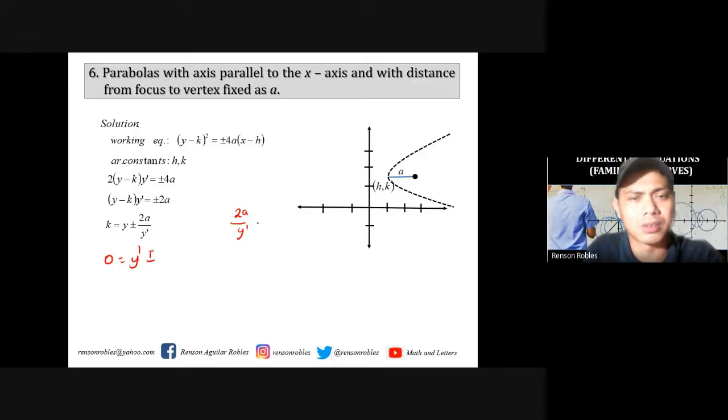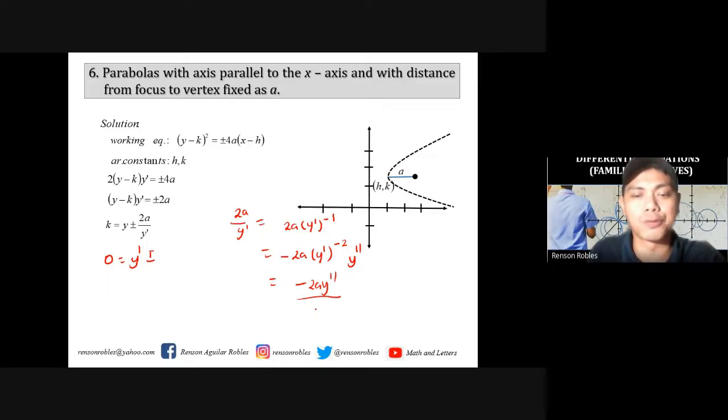You can put y prime on the numerator, so that's 2a times y prime raised to negative 1, or you can use the derivative of a quotient. By the power formula, bring down negative 1, times 2a, copy y prime, then subtract 1 from negative 1, so that becomes negative 2, and then differentiate y prime, which leads to y double prime. This is negative 2a y double prime all over (y prime) squared.